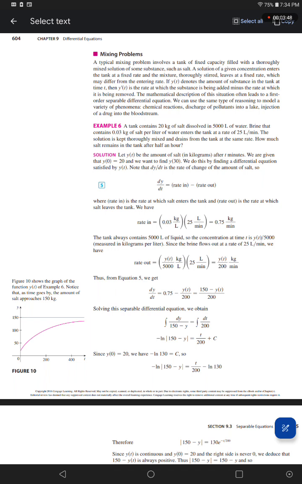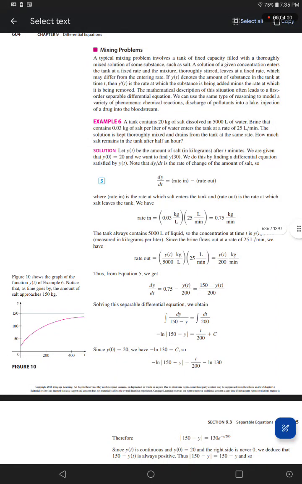Thus, from equation 5, we get dy over dt equals 0.75 minus y of t over 200 equals 150 minus y of t over 200.